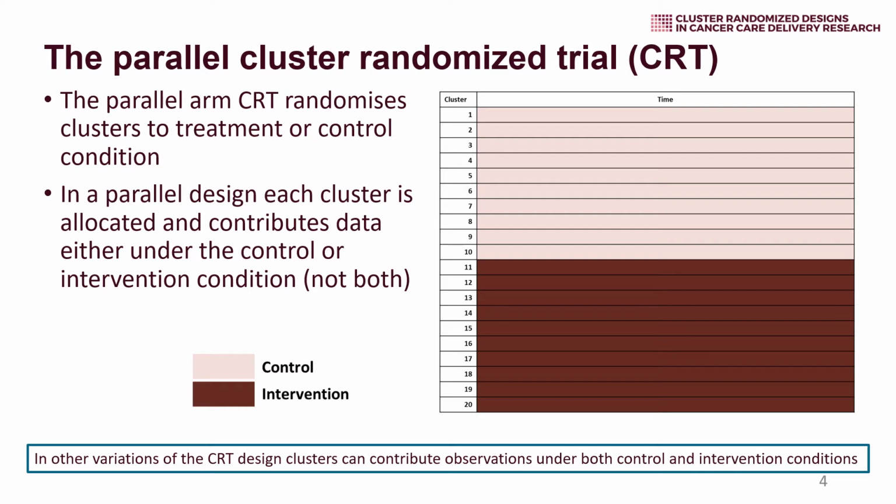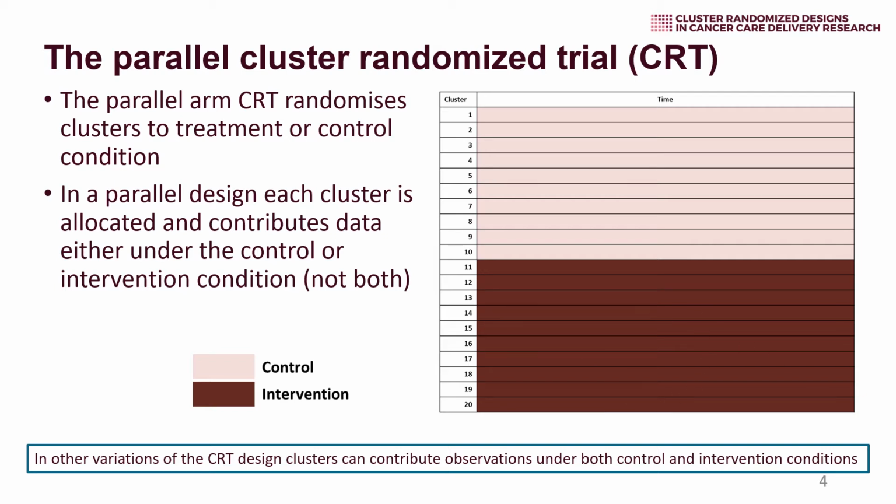So let's start by taking our minds back to the conventional parallel cluster randomized trial. So remember, in this type of design, clusters are randomized to either the treatment or control condition. And in our schematic representation here, we've got 10 clusters allocated to the control condition and 10 clusters allocated to the intervention condition.